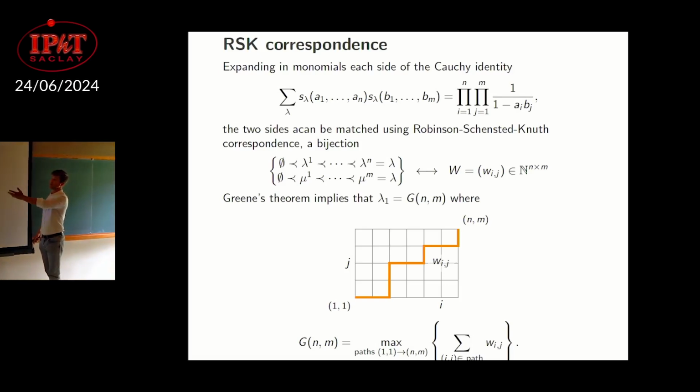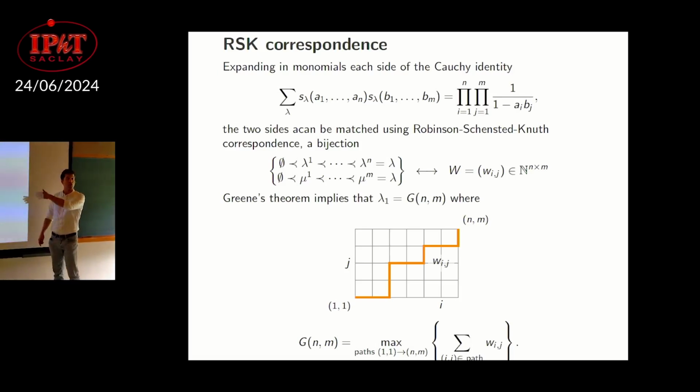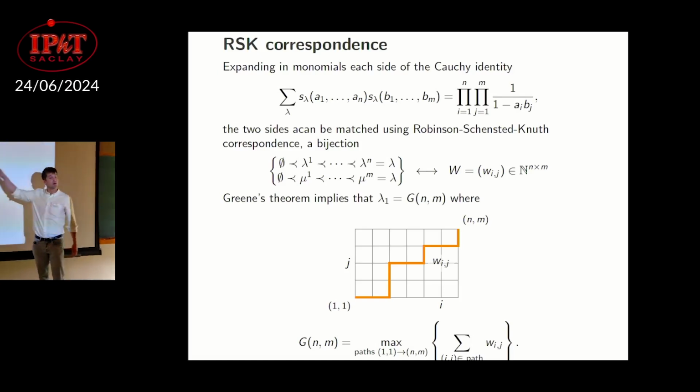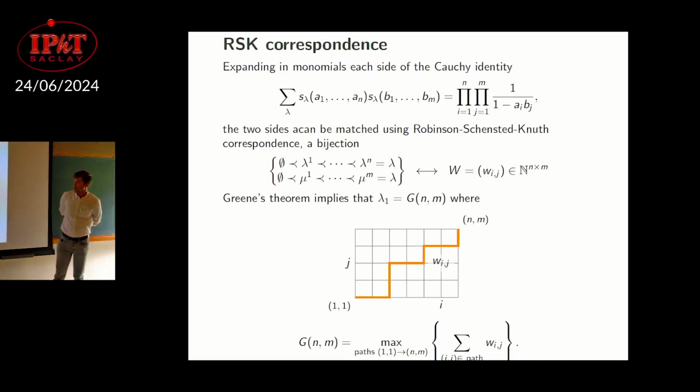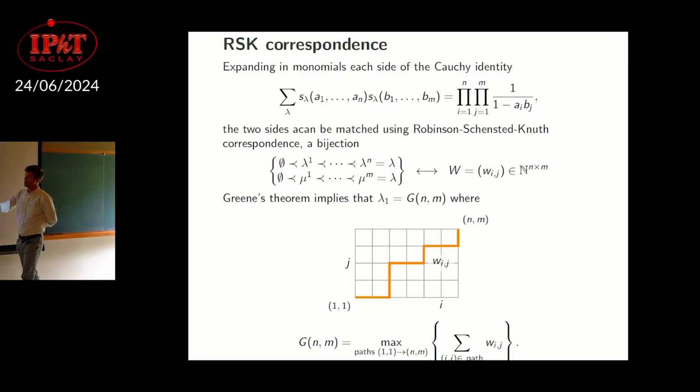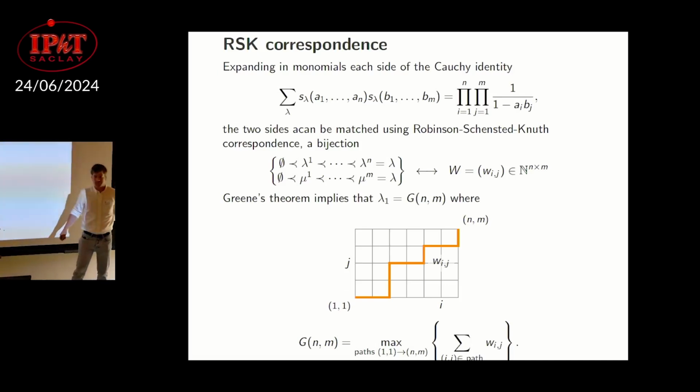For each path, we look at the sum of the integers w_ij along that path, and lambda 1 will turn out to be the maximum over all possible paths between (1,1) and (n,m). And this quantity, I will call it G(n,m) in the following.